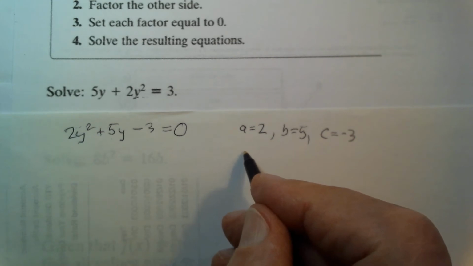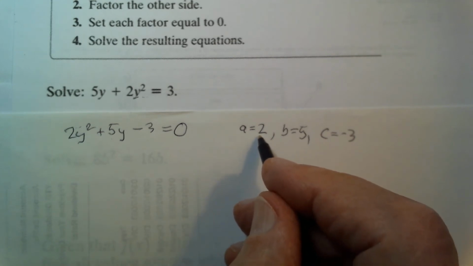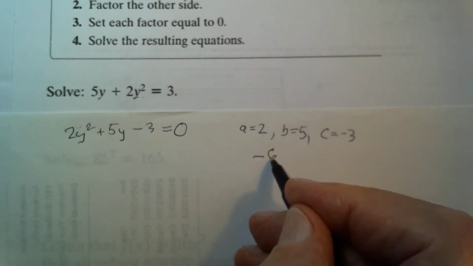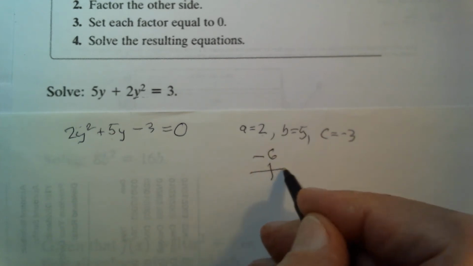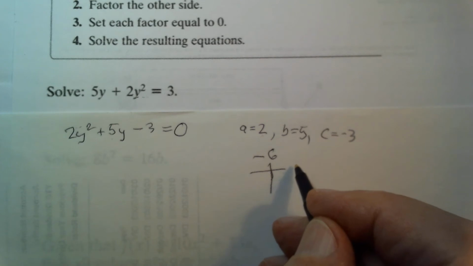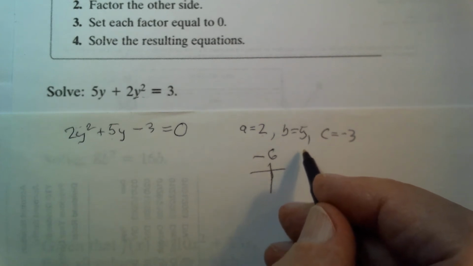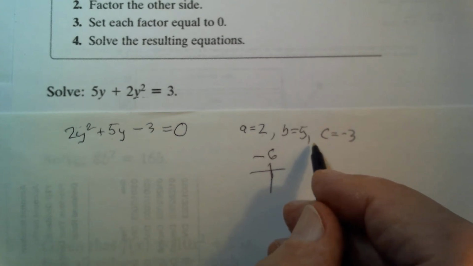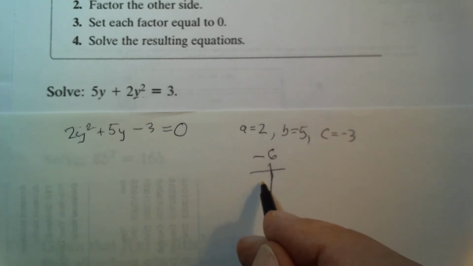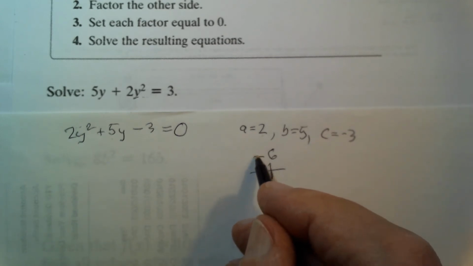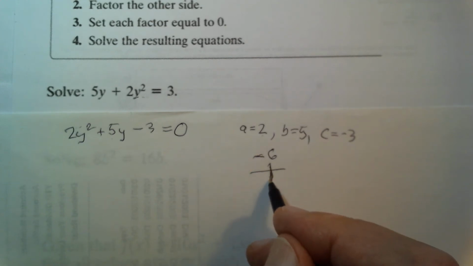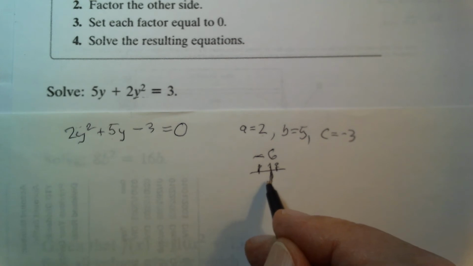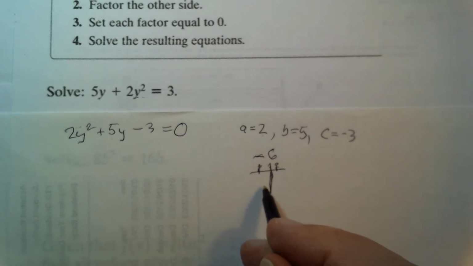So when we form the product of a times c, that means 2 times minus 3 is minus 6, and we want factors of minus 6 in such a way that the sum of the factors is equal to 5. So since the product is negative, one of the factors, p and q, has to be positive, and the other one has to be negative.